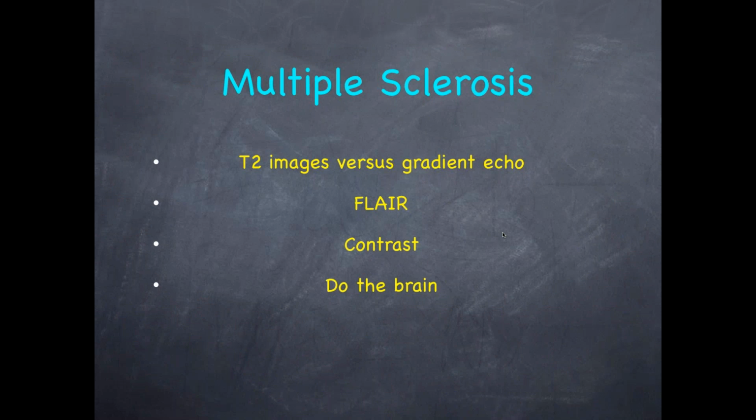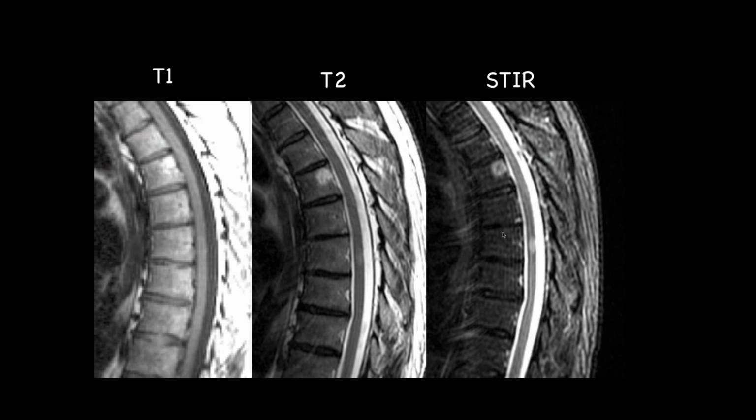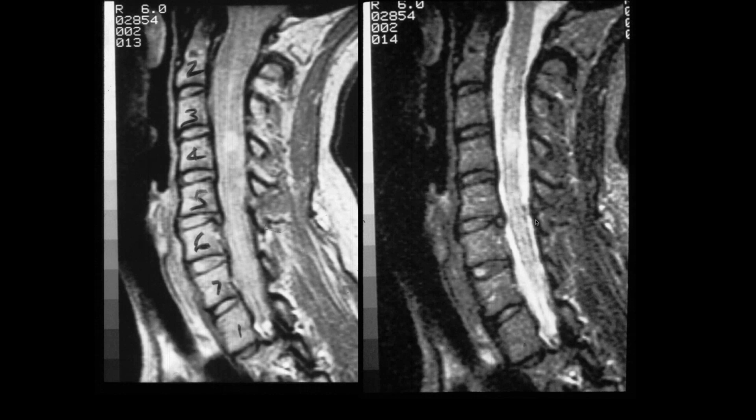Okay, let's talk a little bit about MS. That's something you're kind of interested in. Nowadays it's really the FLAIR images that we typically use. I think there's some work also using diffusion images now. But here we can see scattered areas of abnormal signal intensity within the cord. This is a patient with MS. Another patient is old.